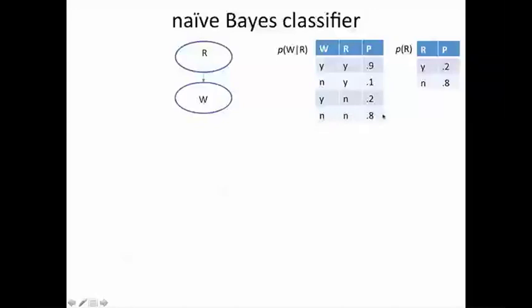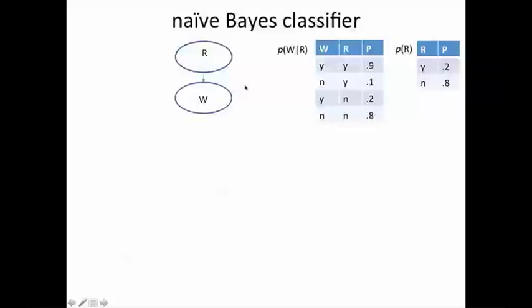Notice again that this is a conditional probability table, so the values for a particular value of rain being yes have to add up to 1. The prior, or a priori, probability that it rains, regardless of whether the grass is wet or not, is say 20%: it rains 20% of the time in this locality and 80% it doesn't rain.